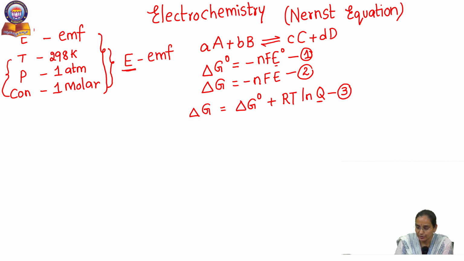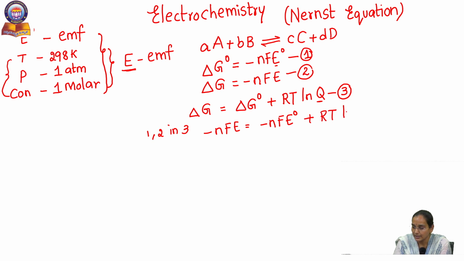Now substituting equations 1 and 2 in 3, we get minus nFE equals minus nFE naught plus RT ln Q. Here n is the number of electrons transferred in that reaction, F is Faraday's constant, E is the EMF of the cell at different conditions, E naught is the standard EMF, R is the universal gas constant, T is temperature, and Q is the reaction quotient.